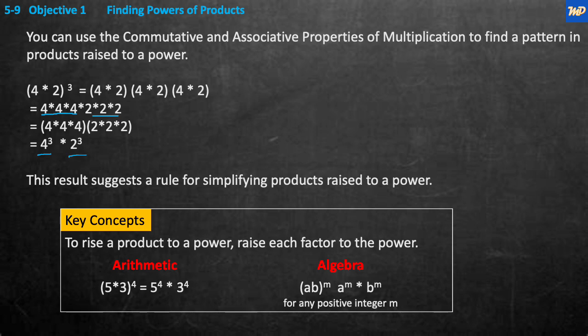The quantity AB to the power of m is the same as A to the m times B to the m. That's what we showed in our example with the 4s and the 2s, for any positive integer. So let's look at the arithmetic side: 5 times 3 to the 4th power is the same as 5 to the 4th power times 3 to the 4th power.